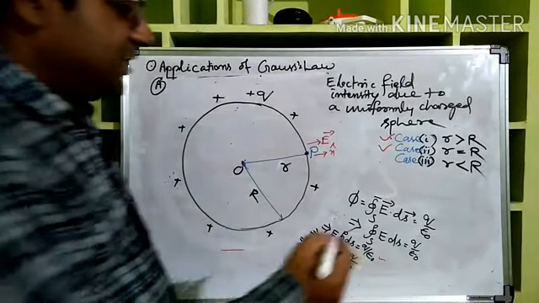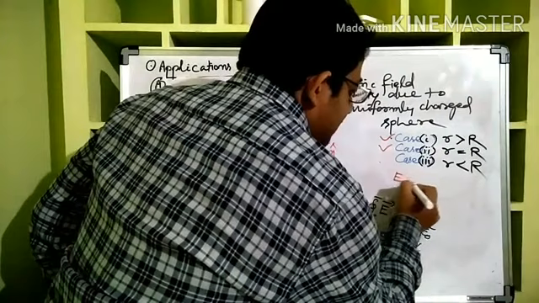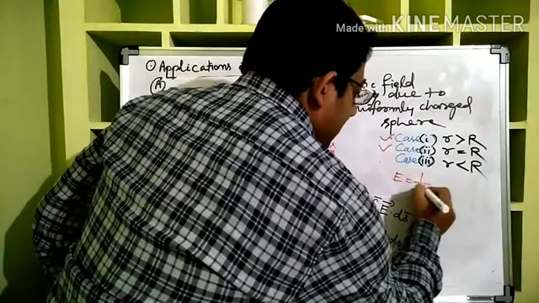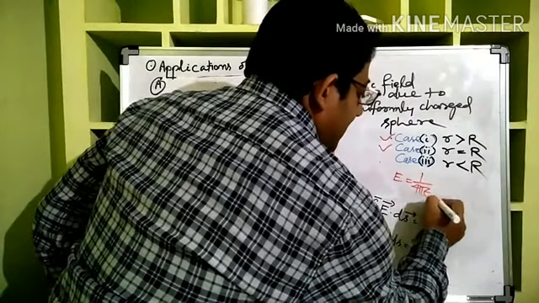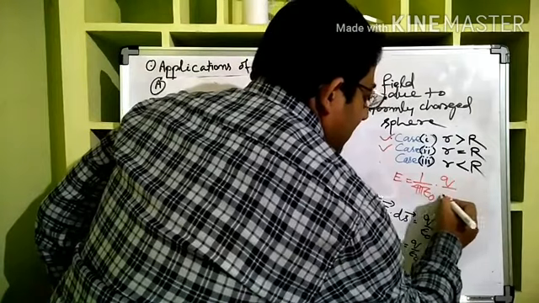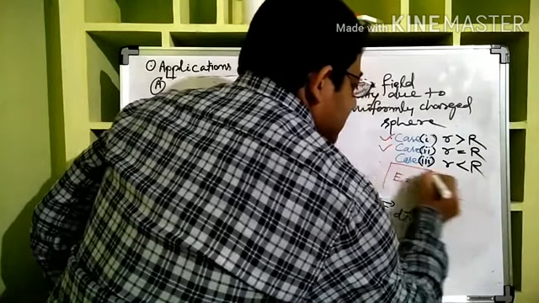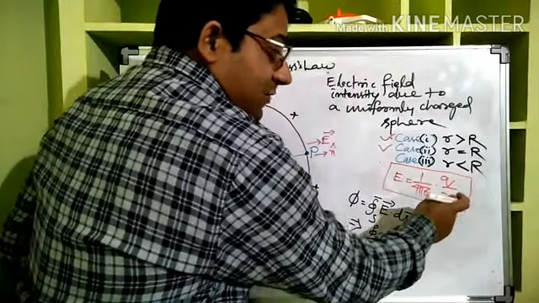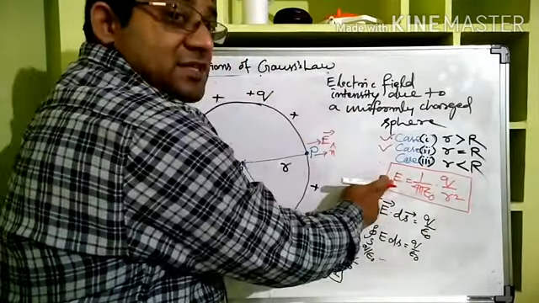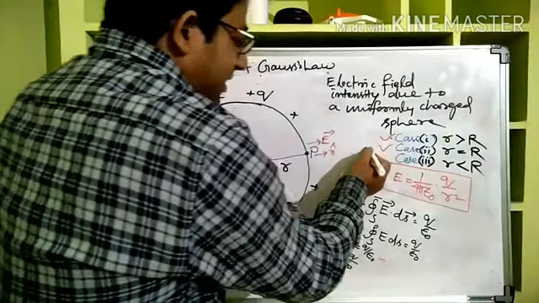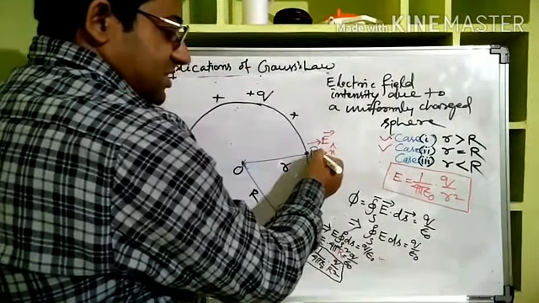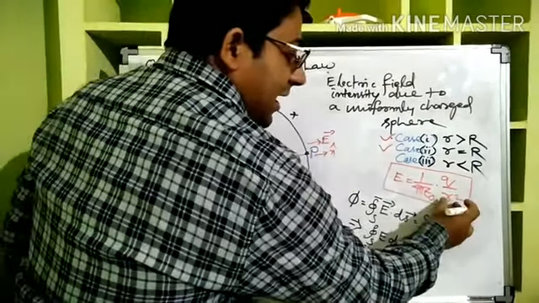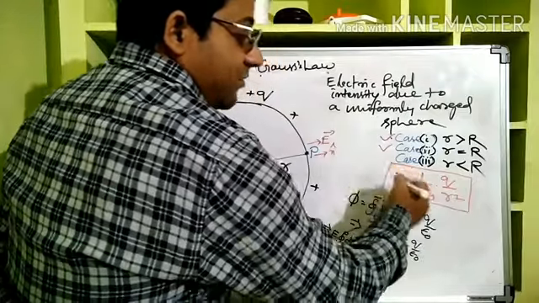So what we understood: E is equal to 1 by 4 pi epsilon naught times q by r square. This was the same. Since r square is in the denominator, if r is less, electric field intensity will be more. So when r becomes less from some distance and becomes capital R, 1 by 4 pi epsilon naught q by R square will be very big.